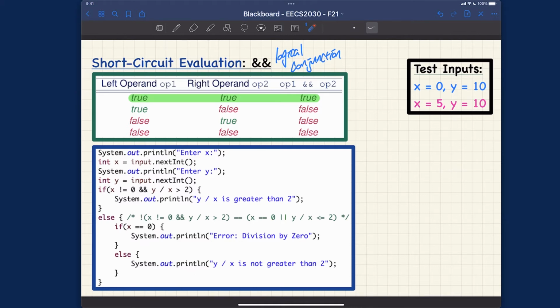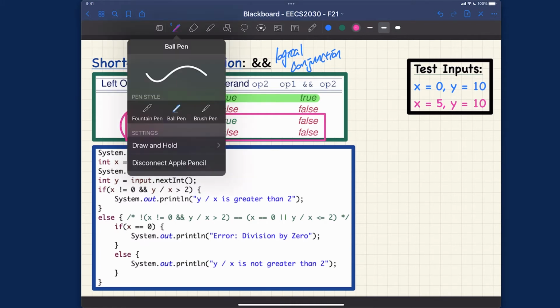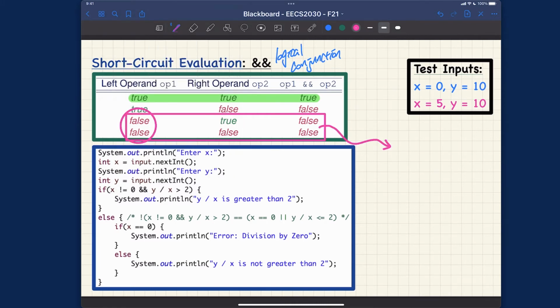Now, what does the short circuit effect really mean? It focuses on these two particular rows. What if the first operand is already false? If I have operand 1 conjoined with operand 2, and operand 1 is known to be false, does it really matter what operand 2 is?